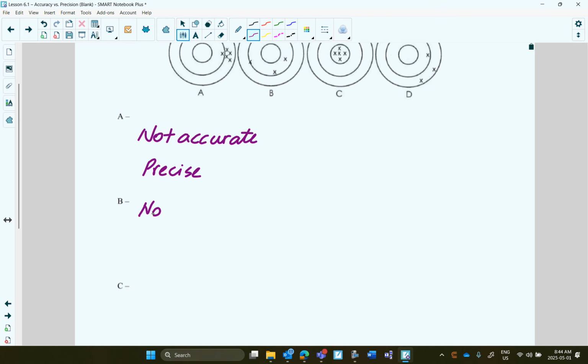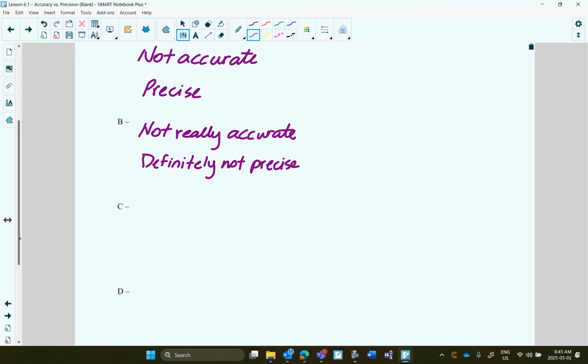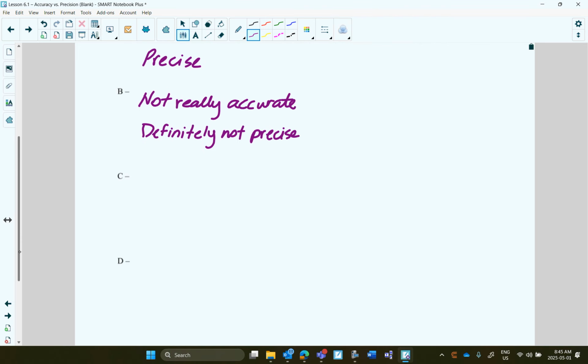Not terrible, but definitely not precise. How about C? Both. You're on target and several shots are grouped around the same spot. So accurate and precise.